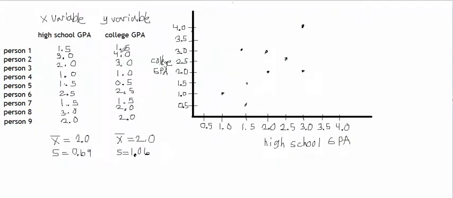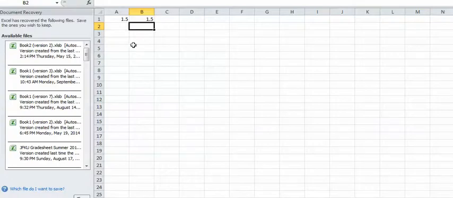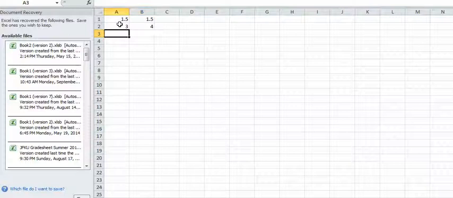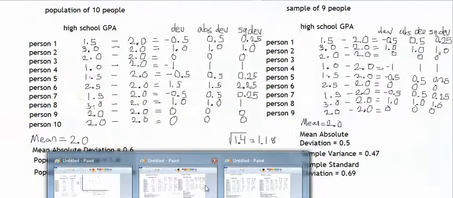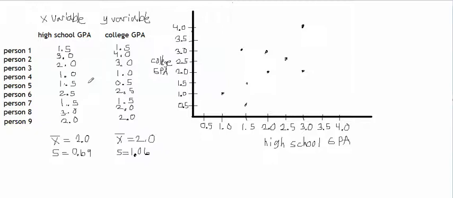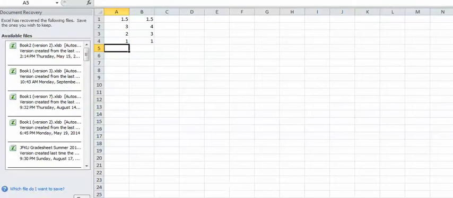We had 3 and 4, 2 and 3. The next one was 3. Next one was 1 and 1. Then we had 1.5 and 0.5.